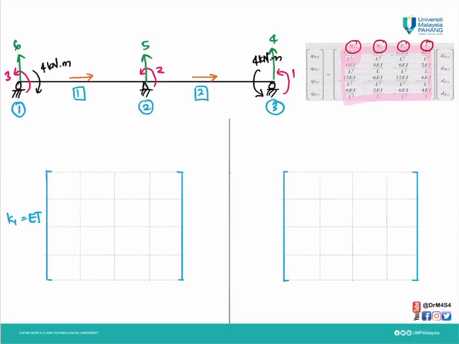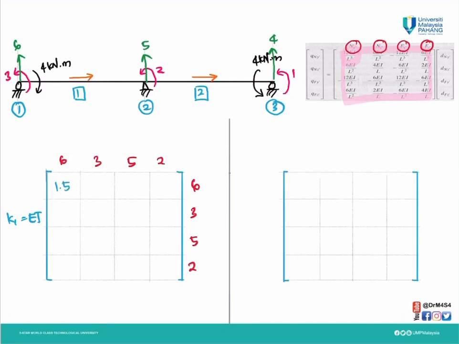That was already explained earlier, it is similar to thrust. So let's do the numbering. For K1 it is 6, 3, 5, 2. So 6, 3, 5, 2. Let's calculate what the values inside this matrix are.